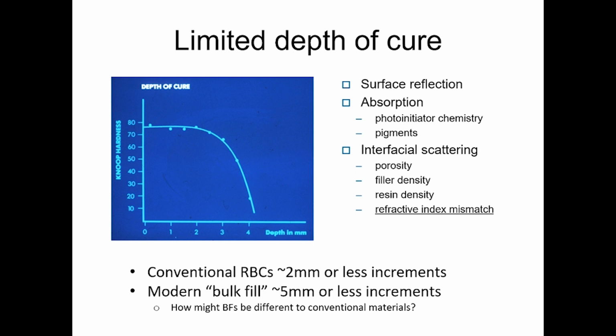There has been an increase in popularity now of the use of so-called bulk fill materials. So we go from only being able to lay down about 2 millimeter increments to increments of around 4 or 5 millimeters. These are not necessarily significantly different to conventional materials, other than pigment has been, or most of the pigment has been removed from the resin composite itself.